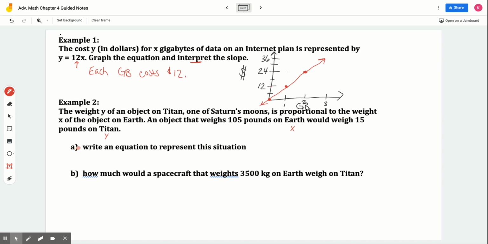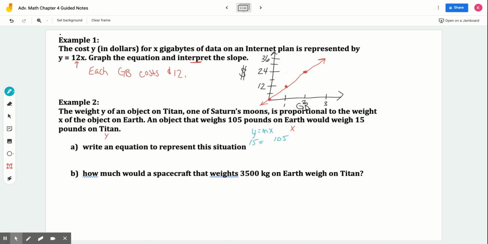So we need to start by writing an equation in y equals mx form. We know that we're going to need y equals mx. We don't know what the slope is, but we do know what y is and what x is. So 105 pounds on Earth is x. 15 pounds on Titan is y.